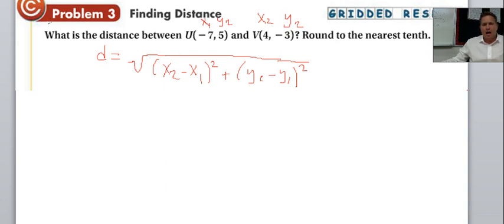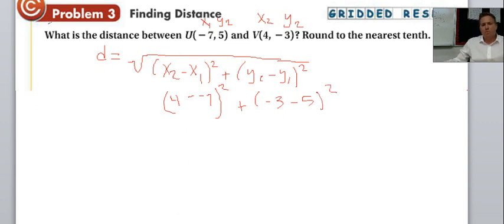So I have x2 right here is 4 minus -7, squared, plus y2 is -3 minus 5, squared, and this is still underneath the square root.